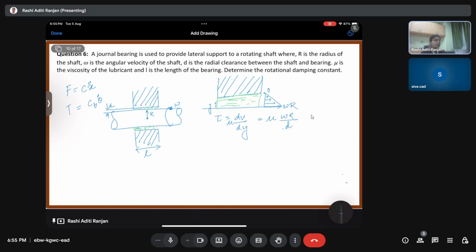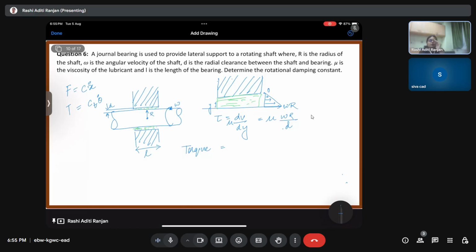This is clear. Now, if we talk about torque, what is torque? If I have the shear stress, I can multiply it with the area on which the shear stress is acting, and then I can find out the torque. Now the question is, where are we going to have the shear stress?